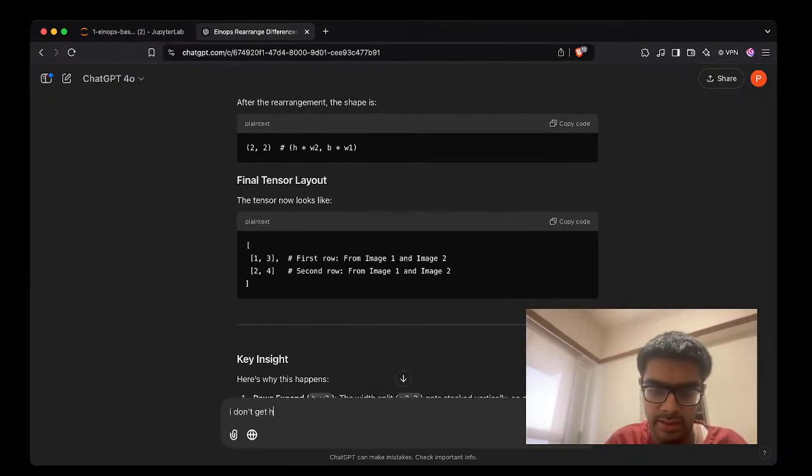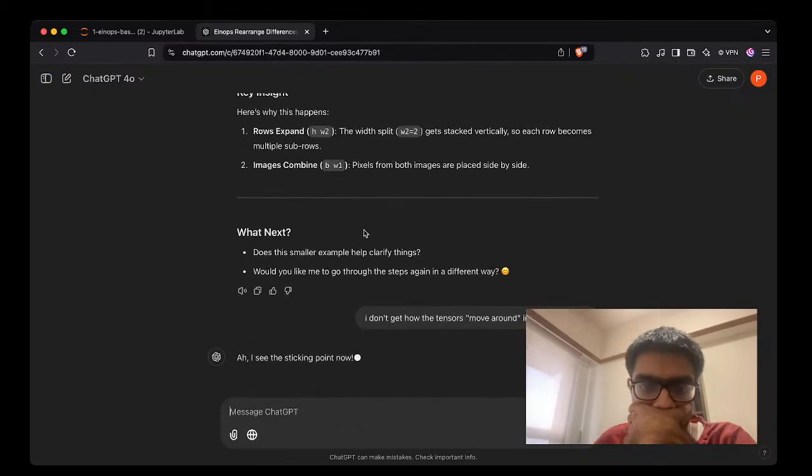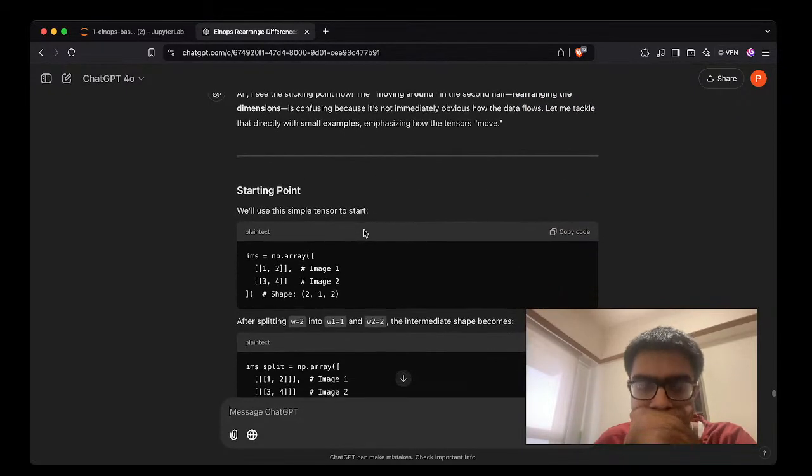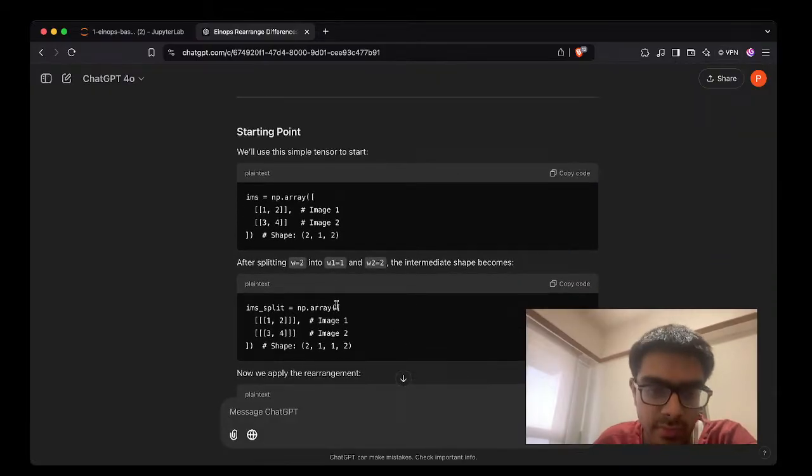I don't get how the tensors move around in the second half of the composition. Okay, there comes 1 by 2 by, and this has 2 by 1, and then 1 by 2.